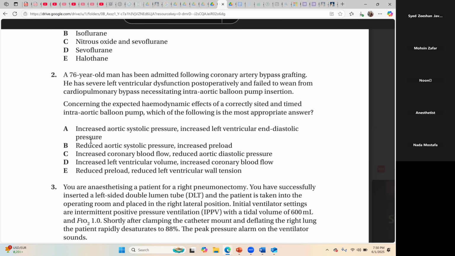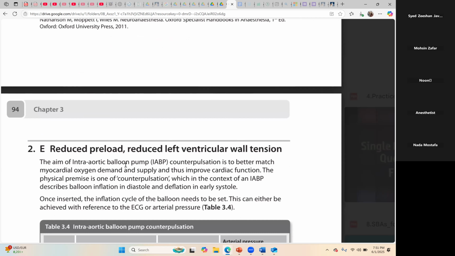Okay, so how does increased aortic diastolic pressure affect the left ventricle? The options: reduce aortic systolic pressure, increase preload, increase coronary blood flow; reduce aortic diastolic pressure, reduce left ventricular volume, increase coronary blood flow, reduce preload, reduce left ventricular wall tension. Concerning the expected hemodynamic effect of a correctly sited and timed balloon pump, which of the following is the most appropriate answer? Reduce preload, reduce left ventricular wall tension.